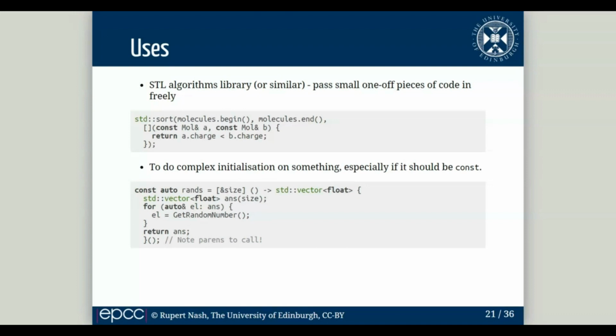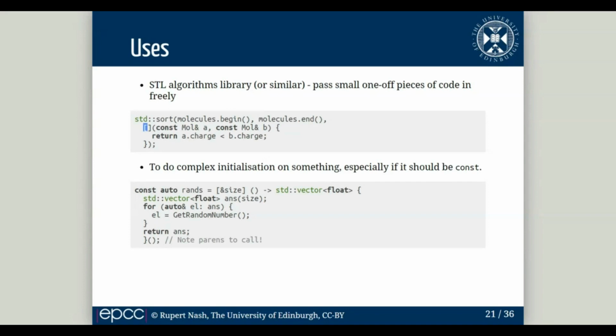So to discuss some more of the uses of these, we can have standard template algorithms or similar, passing code in freely. So here's an example of sort. We can also do more complex things, especially if they should be constant. So the sort here, let's just go through this in detail.